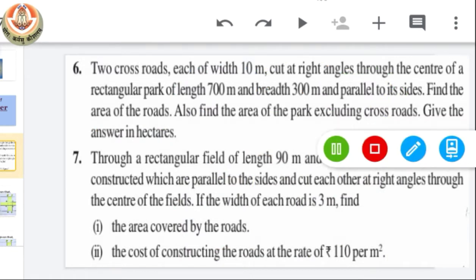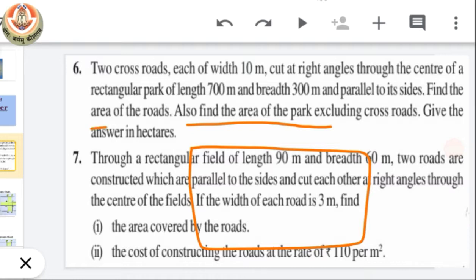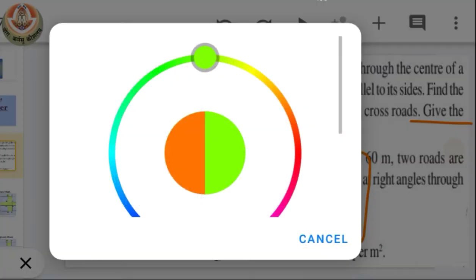After that, what we also have to find? Also find the area of the park excluding crossroads. So after that, we can easily find the area of the park and then we have to subtract the area of the road. Now at last we have to give answer in hectares. Okay.